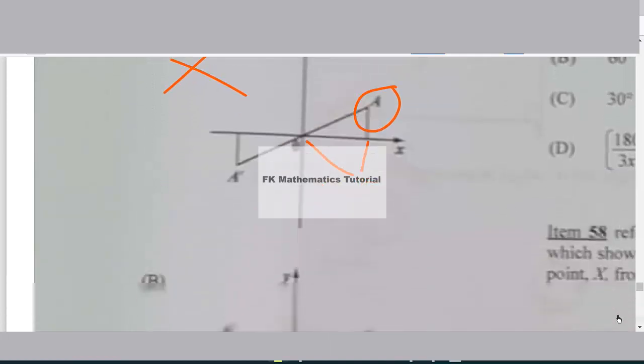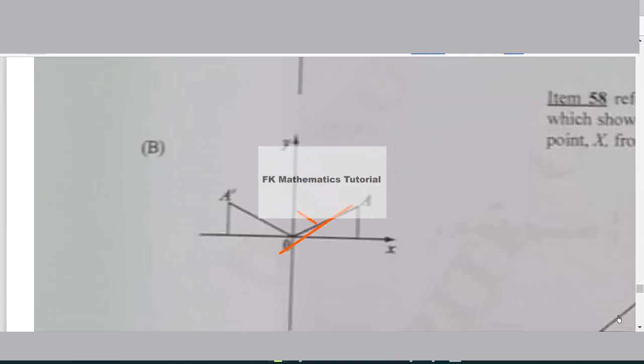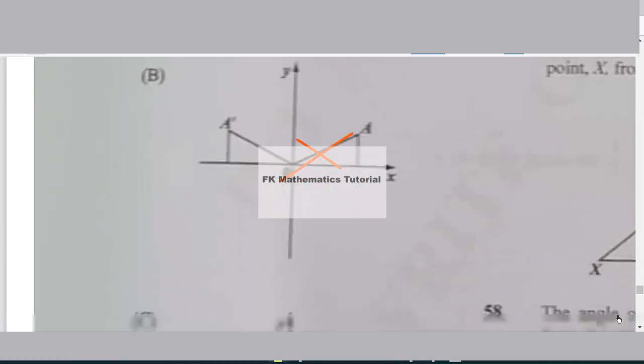So if A is here, and we reflect it, it should come down here. So this is not correct. This is also not correct. This is also not correct.